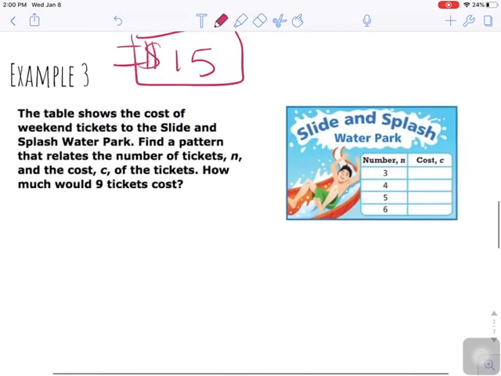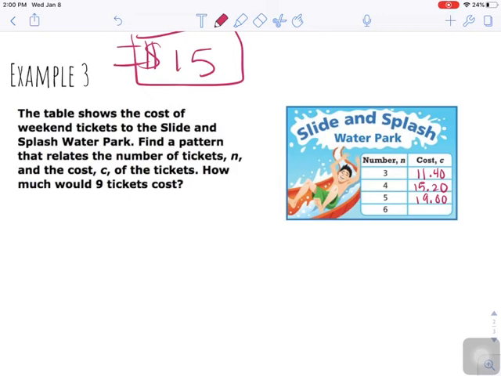So let's say if we have 3 tickets, it costs us $11.40, 4 tickets cost us $15.20, and then 5 tickets cost us $19. First, let's figure out how much 6 tickets would be, and then let's figure out how much 9 tickets would cost.